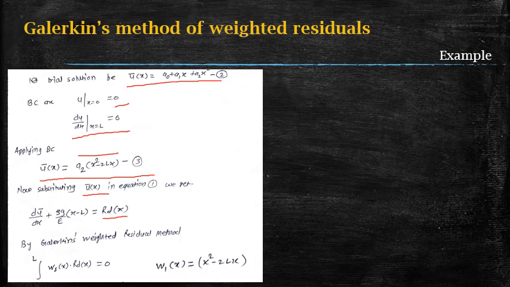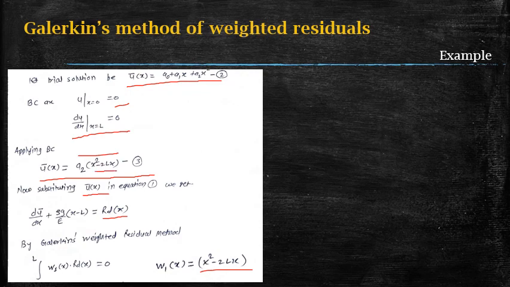But as you know, in Galerkin's method, this weighing function is nothing but the same as the trial function. So here w1 of x is taken as x square minus 2lx, which is the same as this term, right?